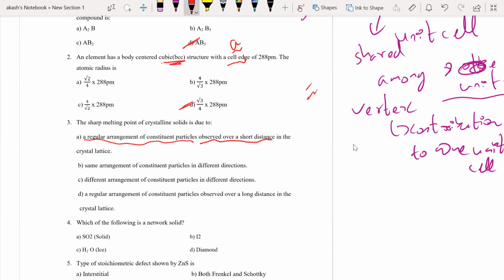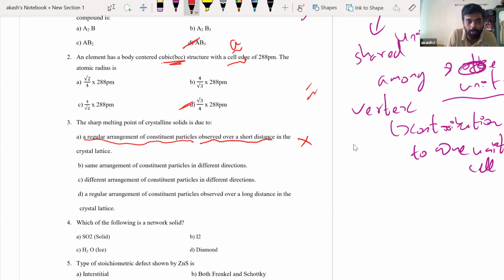No, sir. Overall, it is a long distance. Overall, it is perfectly arranged. Everywhere you see, it is perfectly arranged. So this first of all is not even a correct statement. So obviously this cannot be the answer, right?